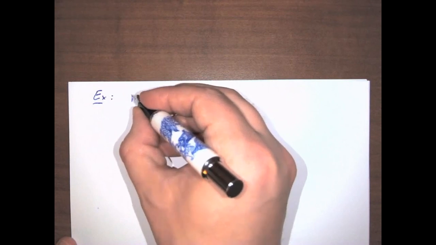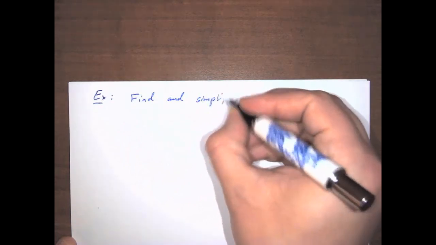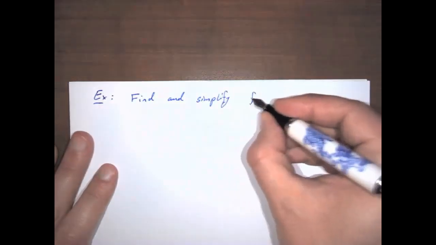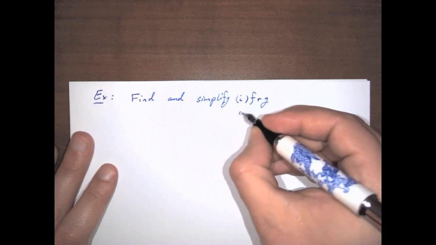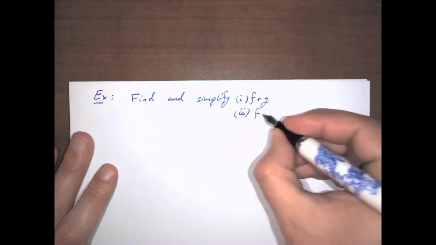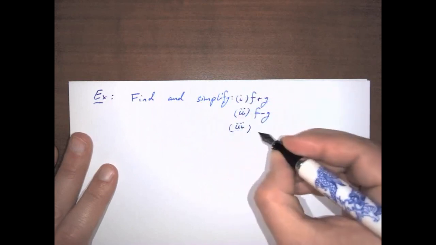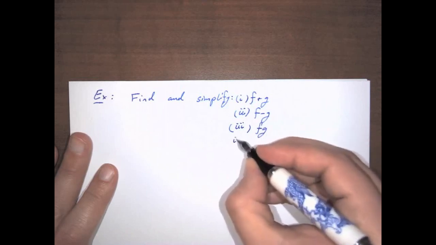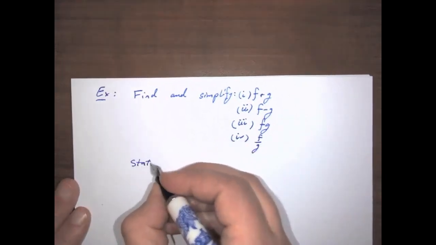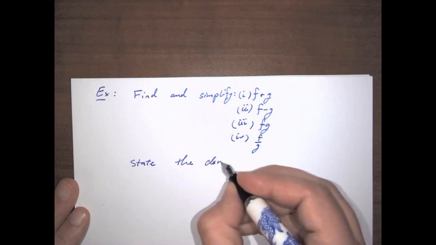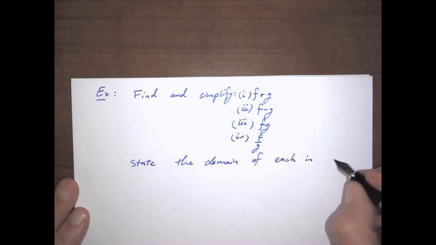Find and simplify, call this part 1, f plus g, part 2, f minus g, part 3, just f times g, and part 4, f divided by g, and then state the domain of each in interval notation.